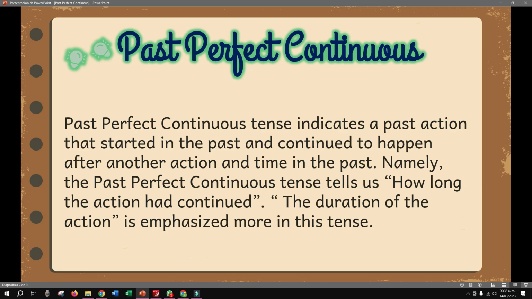So, what happened here, guys? That is an action that started in the past, obviously, but continued to happen after another action, always in the past. So, in that way, we're going to use the past perfect continuous, and we're going to emphasize more the duration of the action, right?